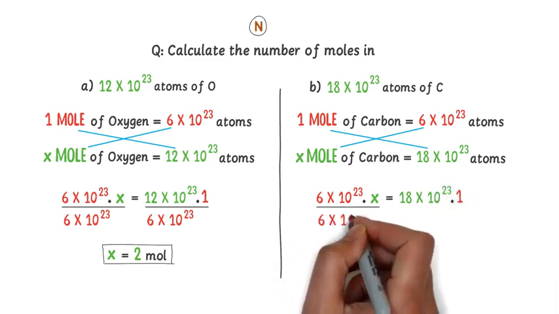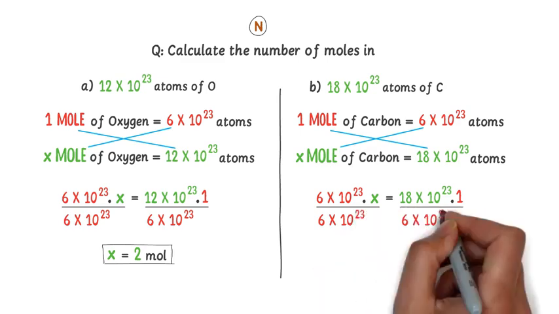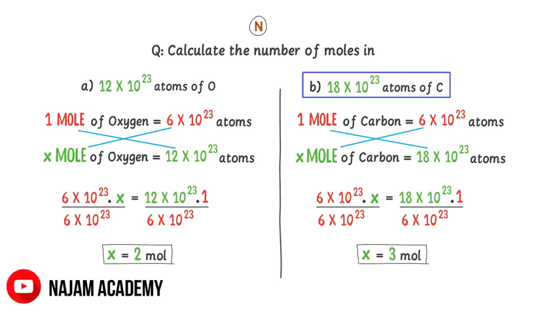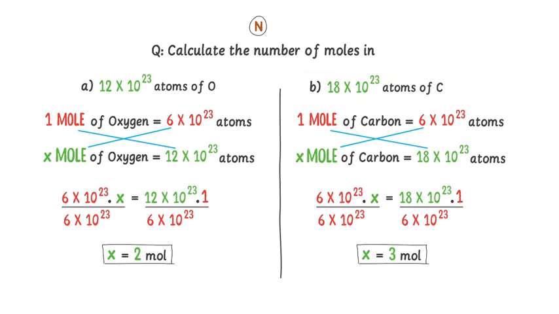Dividing both sides by 6 into 10 to the power 23, I get 3 moles. So there are 3 moles of carbon present in 18 into 10 to the power 23 atoms of carbon. Therefore, in such type of numericals, always use the number-mole relationship to calculate the number of moles.